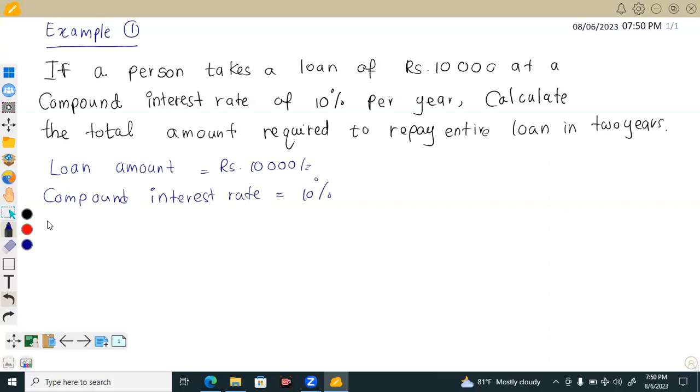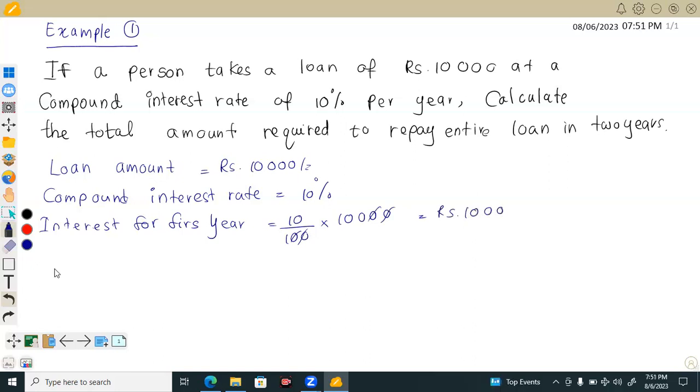Interest for first year is calculated as we calculate the interest for the simple interest rate. Interest for first year is 1,000 rupees.